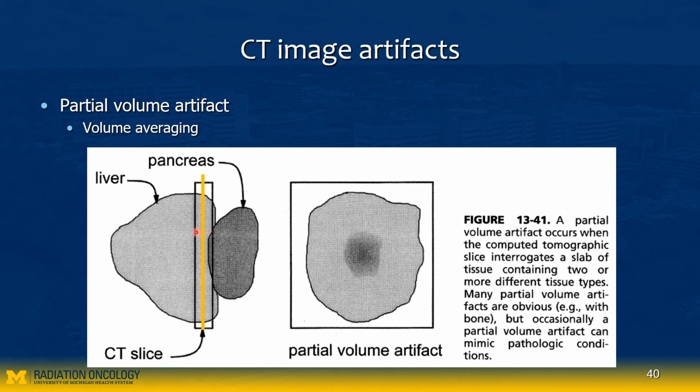But when we acquire CT with this discrete volume, and because of this volume averaging, your cut at this yellow position can have this blurred part of the pancreas. Okay, so the remedy for that will be you have to use a thinner slice. Okay, but we just talked about it. A thinner slice requires a higher tube current.